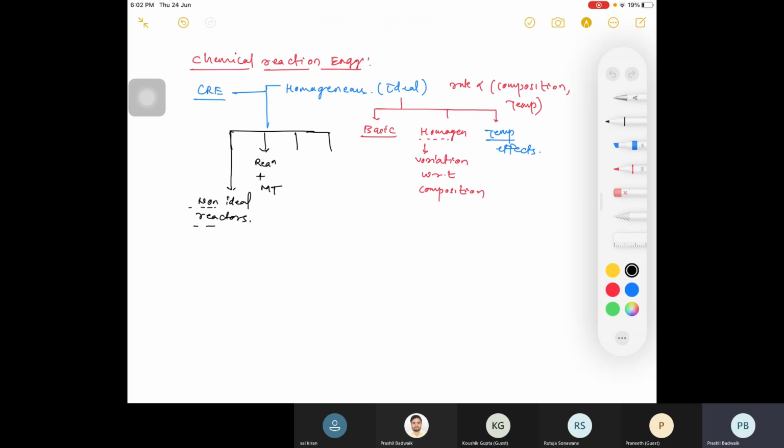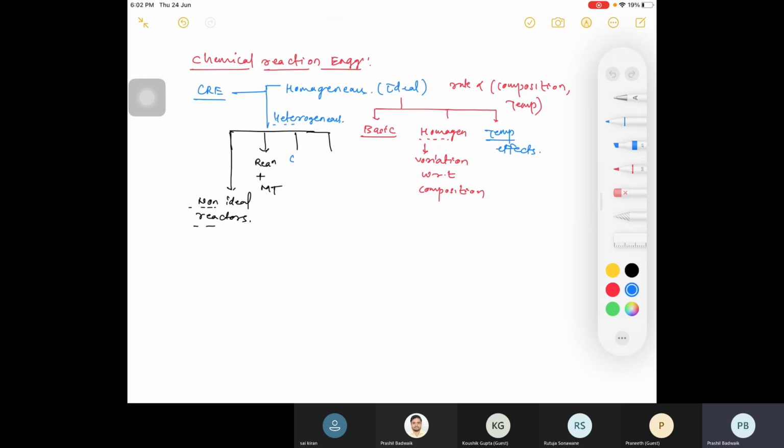So there will be mass transfer, right? I told you in heterogeneous CRE, you will be having mass transfer limitation, right? So we need to understand how mass transfer is controlling your reaction and how it is involved in that, okay? And how it is reducing, or if it is increasing, your rate of reaction or something of that kind. So that is your second portion.